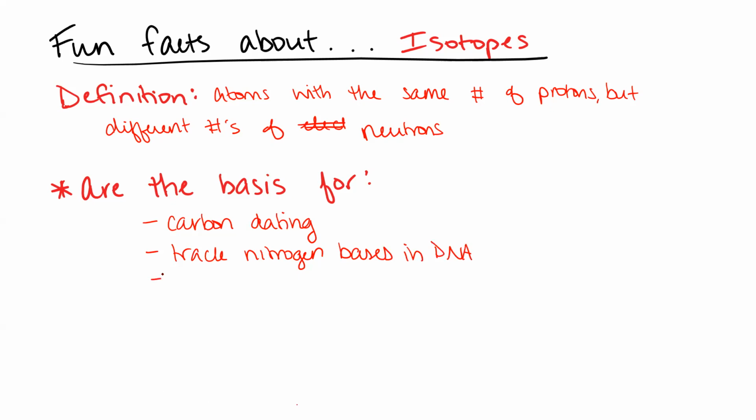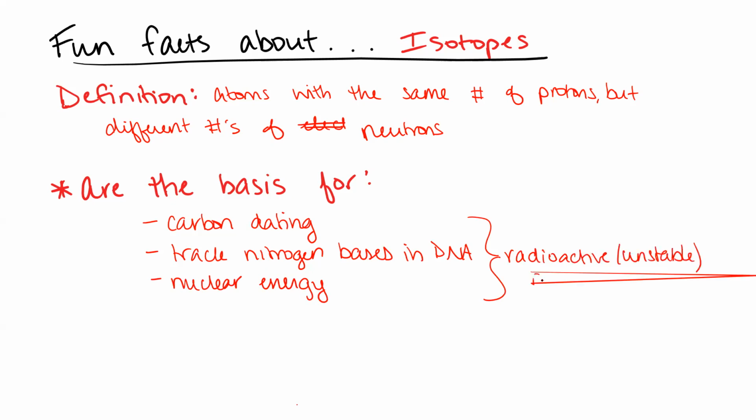And a thought that comes most to mind right now is they're also used in nuclear energy. And all of these are examples of radioactive or unstable isotopes. Sorry about the lines, don't know why those happened.